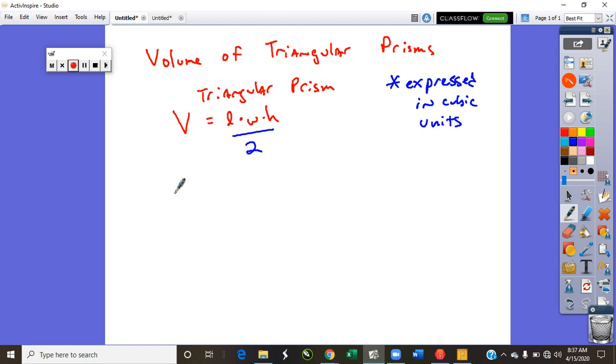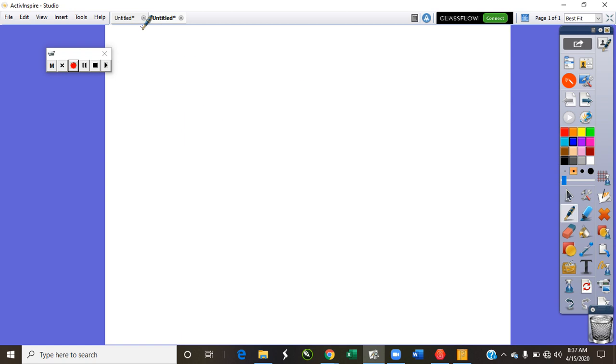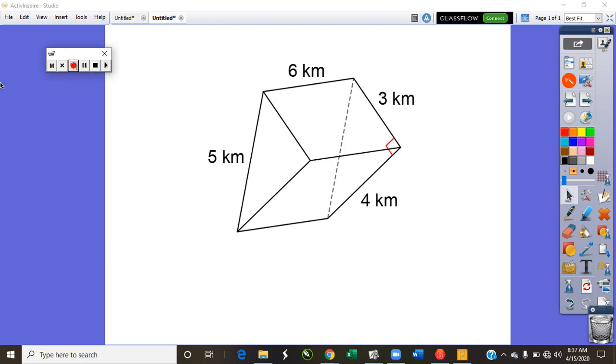Okay, so let's take a look. I'm going to put a figure on here that we're going to find the volume of. So we're looking at this figure right here. Now if we look at our formula, volume equals length times width times height divided by 2, there are 3 dimensions here that we need.